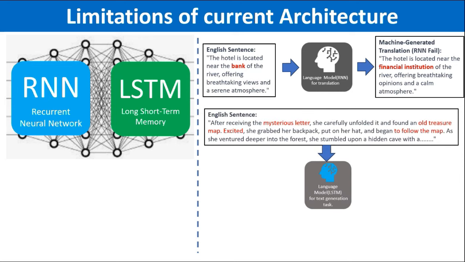LSTMs have memory cells that can capture short and long-term dependencies to some extent. But as the sequence grows, they might struggle to retain relevant information from the beginning of the sentence.